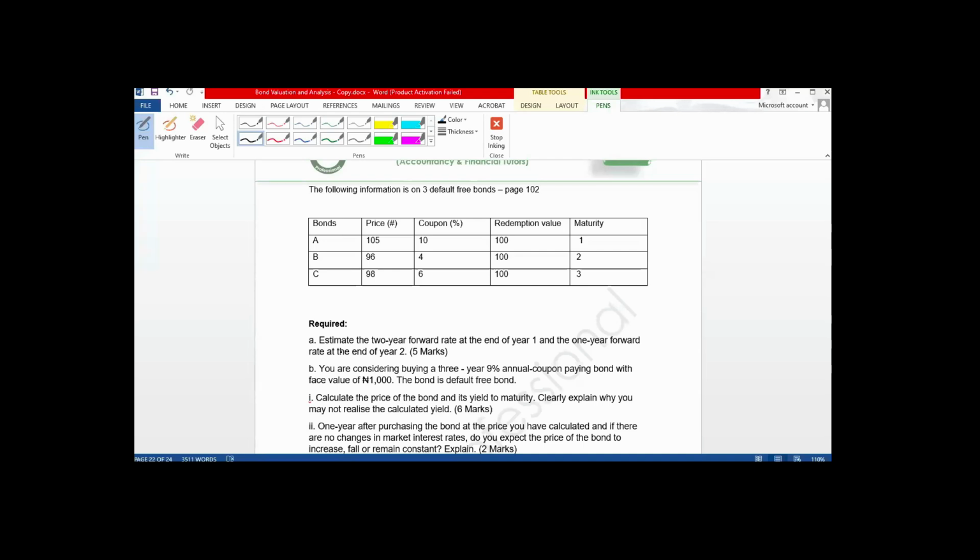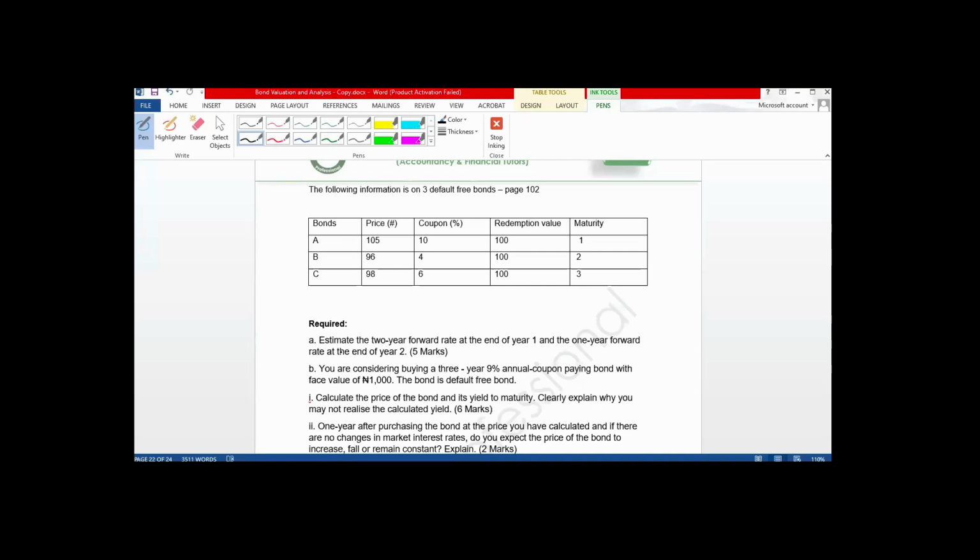Examiner says you are considering buying a 3-year 9% annual coupon paying bond with a face value of 1,000 naira.